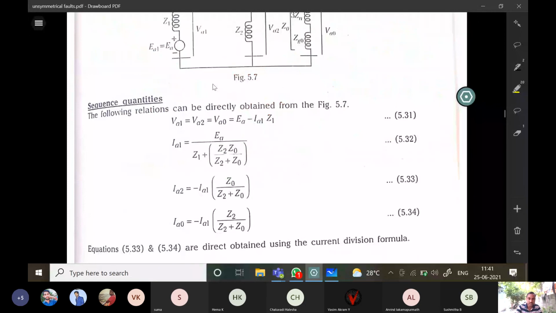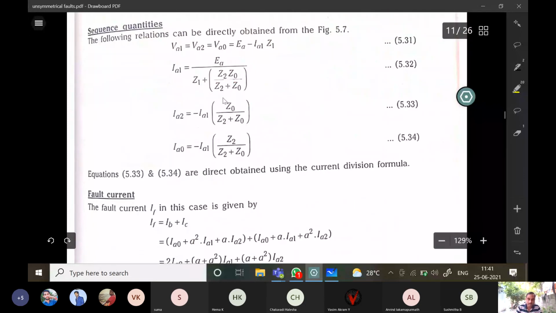In this case, we will get IA1 equal to EA divided by Z1 plus Z2 into Z0. In this case, you need to write 3 times of Z2 into Z0 plus 3 times of ZF, and divided by Z2 plus Z0 plus 3 times of ZF. That is the modification.